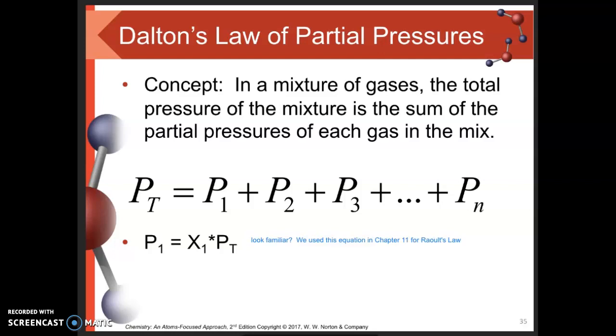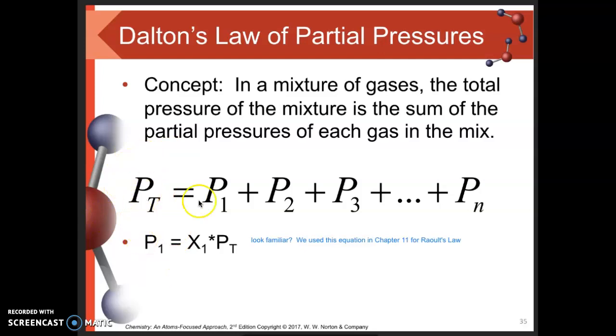So if I'm measuring atmospheric pressure, the pressure that I measure is equal to the individual pressure of the nitrogen, plus the individual pressure of the oxygen, plus the individual pressure of the carbon dioxide, plus the individual pressures of all of the other trace gases that are available in the atmosphere. If I add all of those together, that's what comes off as atmospheric pressure.